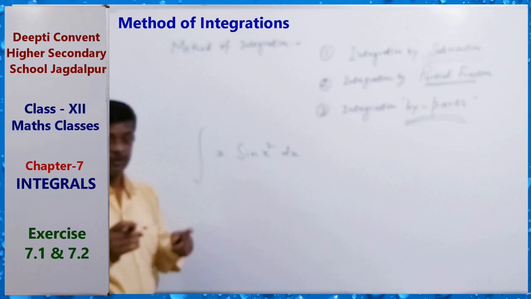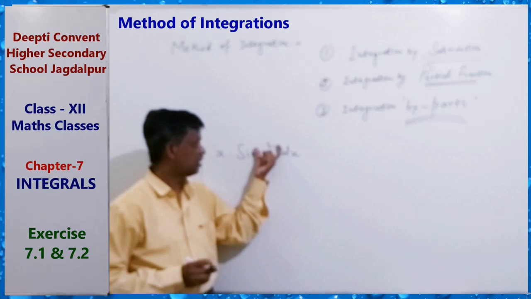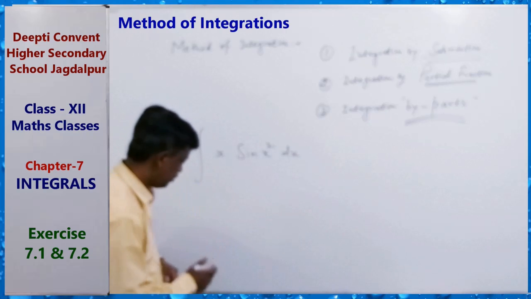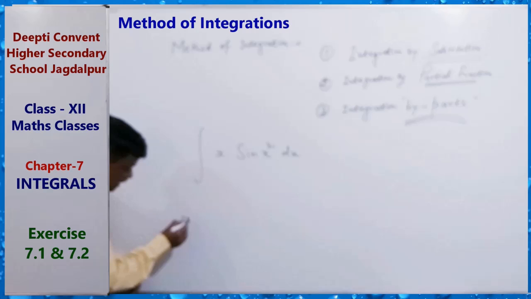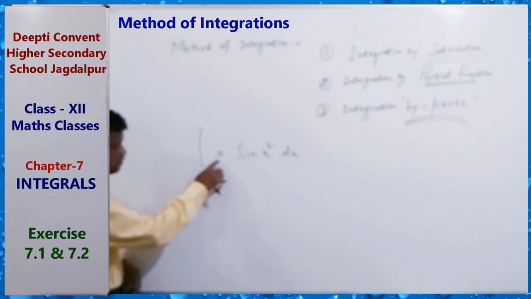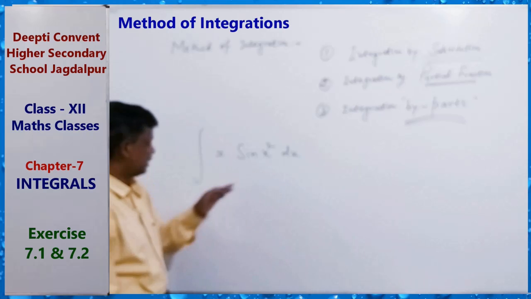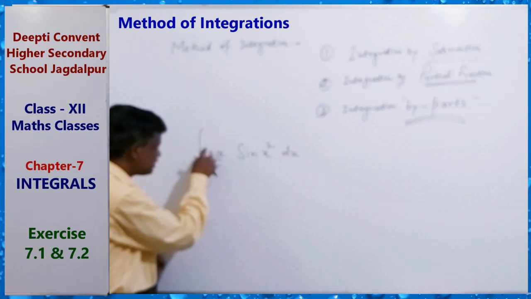Here we see that if we differentiate x square, we get 2x. That is, x is present here. We can write 2x by 2, so its derivative is this.